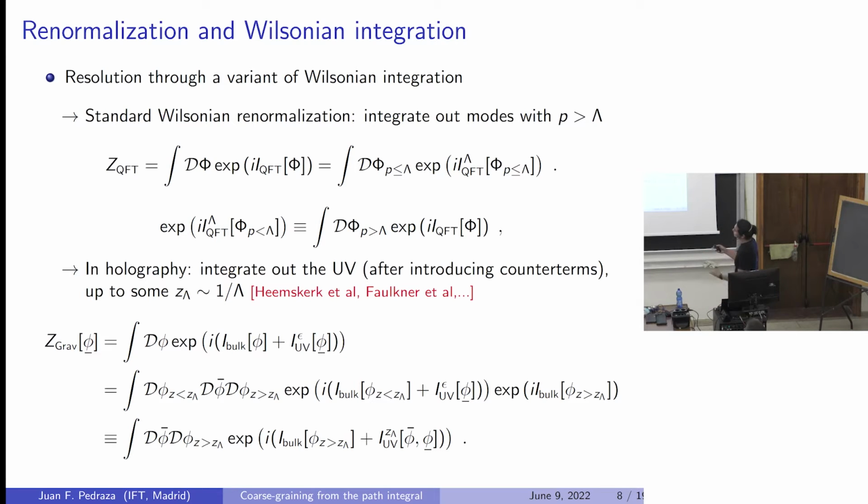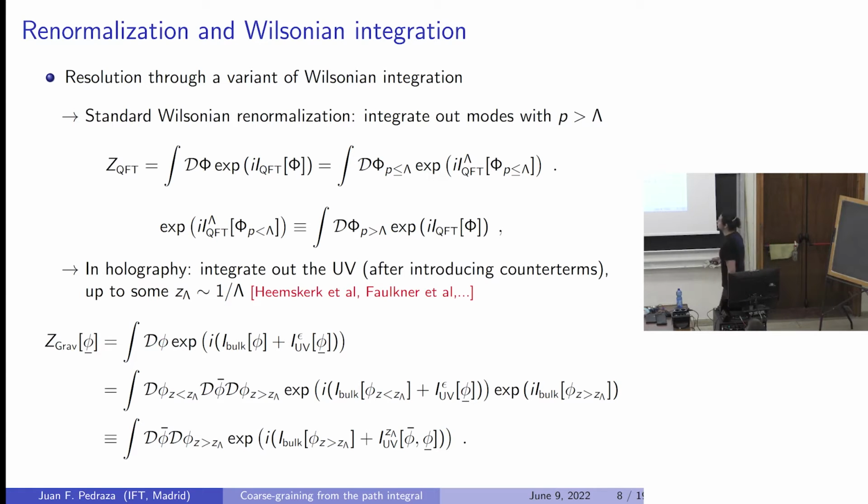That's one way to do it, in general quantum field theories. In holography, there is also a way to implement this. The idea is that in holography, the radial direction encodes this RG direction, and the idea is to integrate out modes up to a certain radial cutoff.